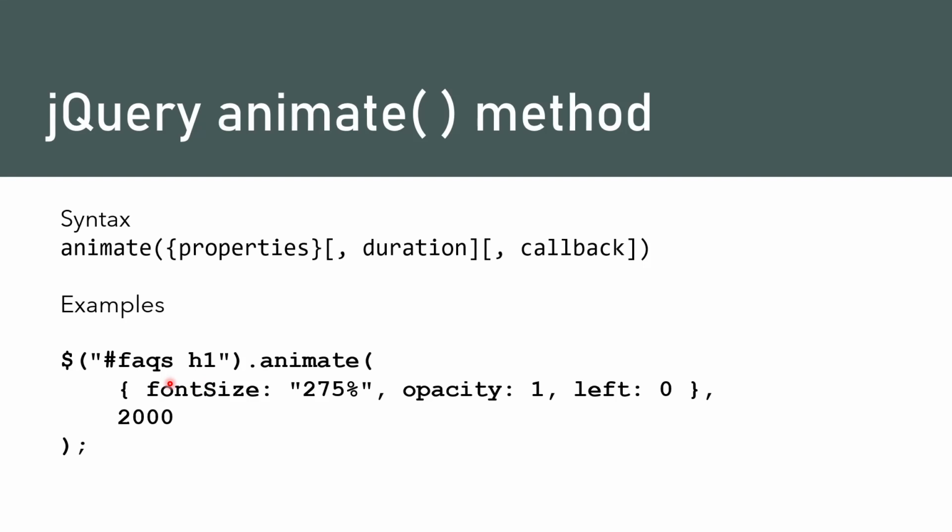So inside of these curly braces is CSS. The properties that you would see in a CSS file are exactly how you set them up in this properties parameter with curly braces. And then there's a duration here of 2 seconds as well.